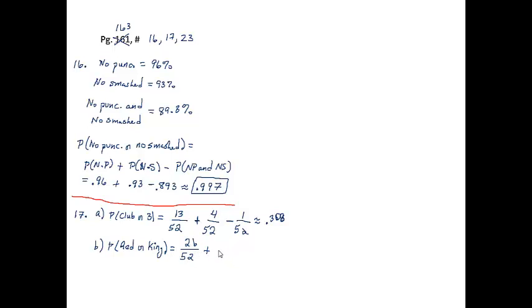Plus the probability of getting a king. Well, again, 52 cards in the deck. There are 4 kings. Minus the overlap. So you want to know how many cards in your deck are king and red. Well, that will be the king of hearts and the king of diamonds. So it's 2 out of 52. And again, let's calculate this.